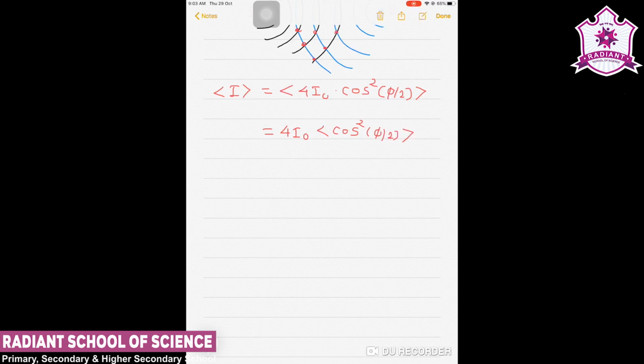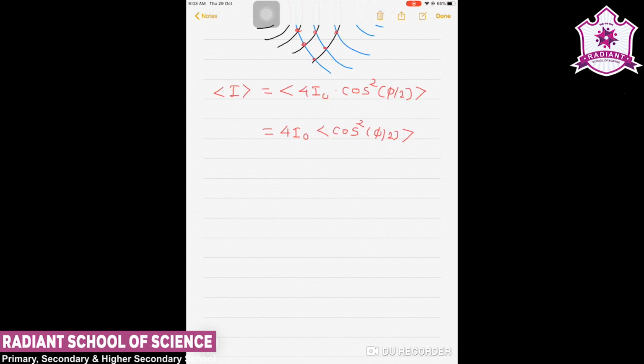Here the angular brackets represent time averaging of cos square phi by 2. Indeed, it is shown in chapter number 7 that if a function varies randomly with time, the time average quantity, that is cos square phi by 2, will be 1 by 2.